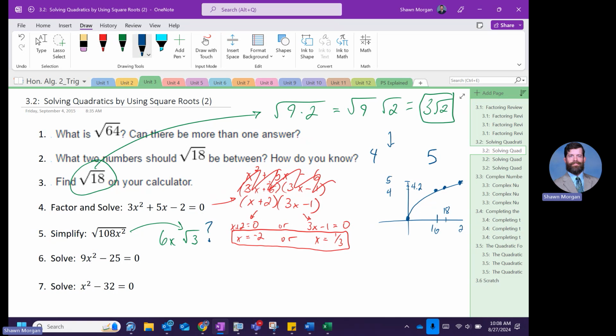Number 6, Nicholas, what do you want to do to both sides? You're a man after my own daggum heart. Okay, so we'll work this 2 different ways. He's going to factor it out as 3x plus 5, 3x minus 5, getting how many answers? 2 answers.